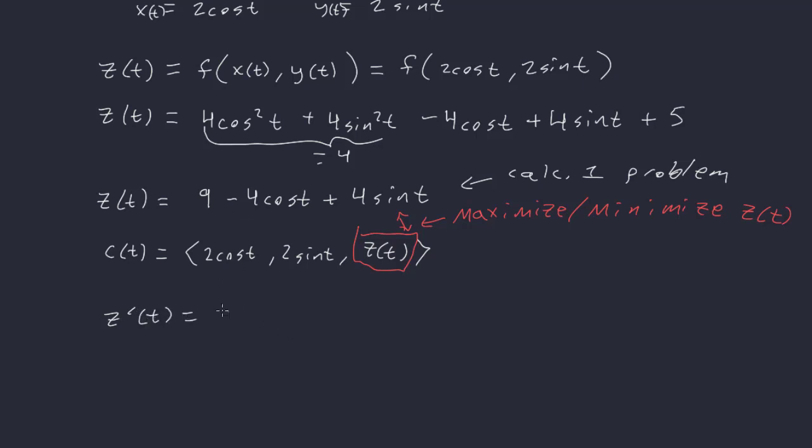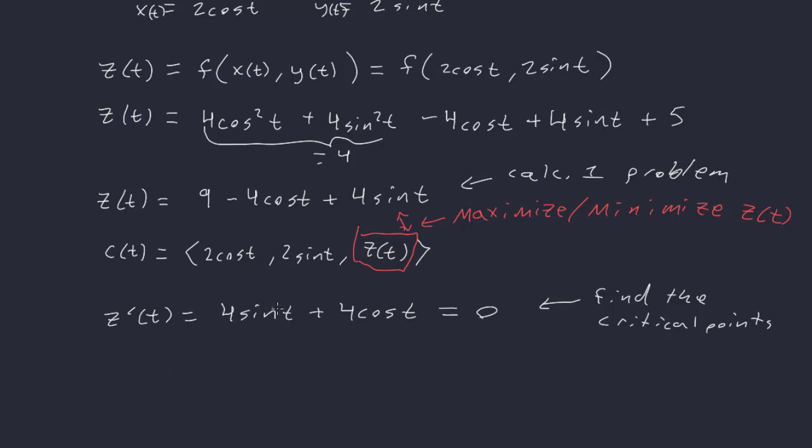We'll get 4 sine t plus 4 cosine t when we take the derivative. We're going to set this equal to 0, right? So here we're going to find the critical points. Okay, and well, now we're going to solve this.